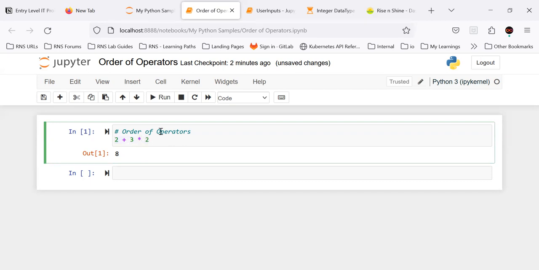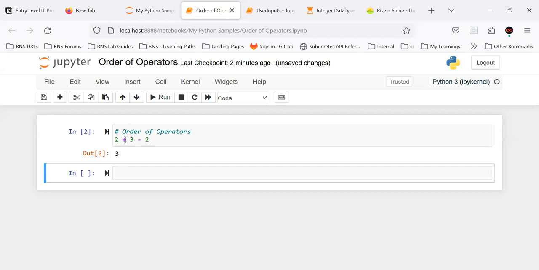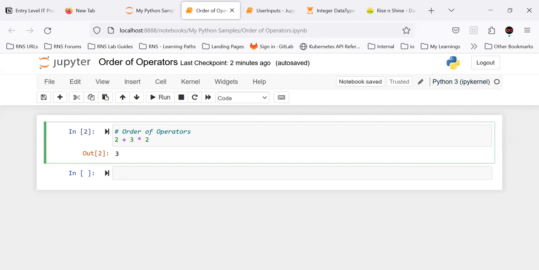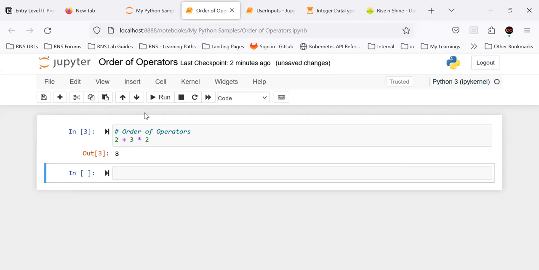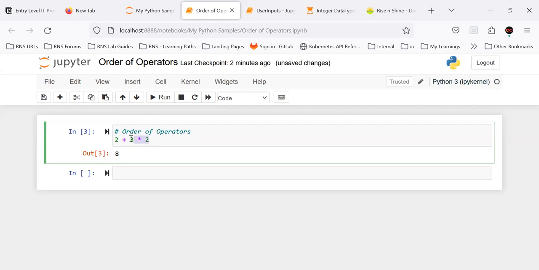Suppose I use a minus here, then 2 plus 3 is 5, 5 minus 2 is 3. Yes, we got 3. But if I use an asterisk, then it changes. First it performs 3 twos, then it adds to this one. So arithmetic operators usually go from left to right.